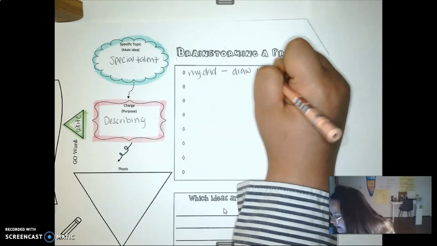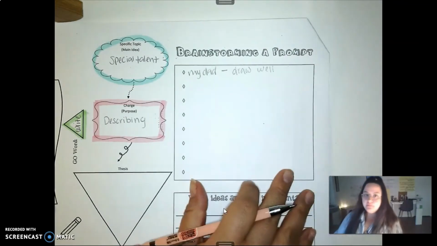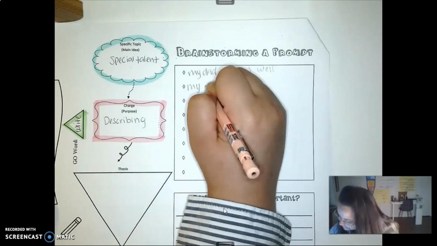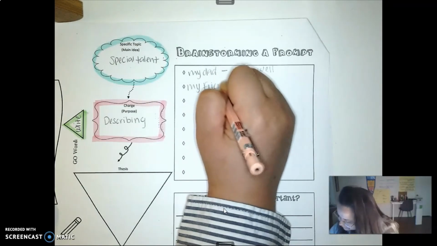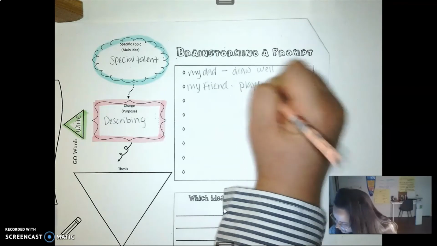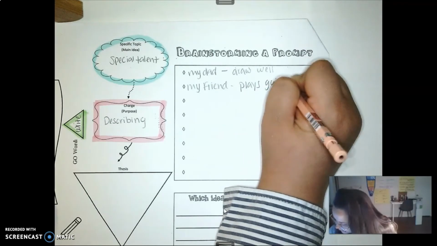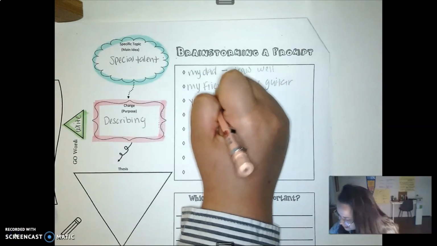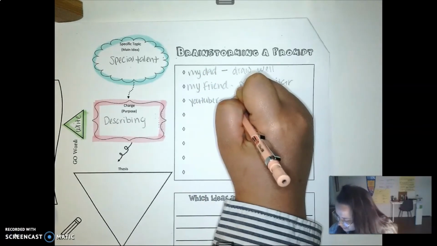He can draw very well. Okay. I can put my friend, she plays guitar. Her knows how to sew.